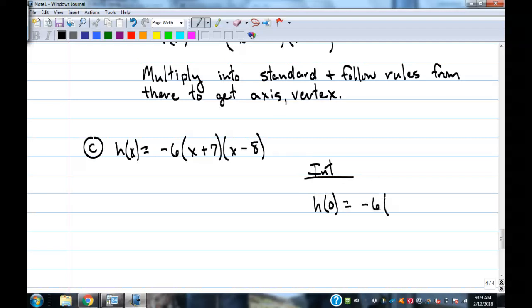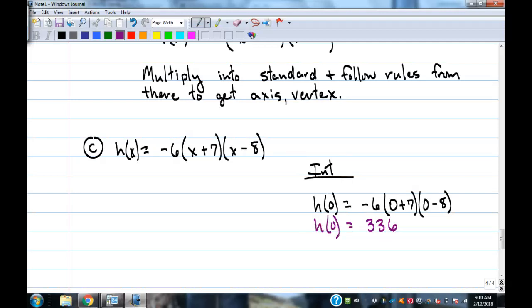So when I do that, I got negative 6 times 0 plus 7, and then 0 minus 8. So I've plugged that 0 in, and then I'm just working that out. Negative 6 times negative 8 is positive 48 times 7 be 336.